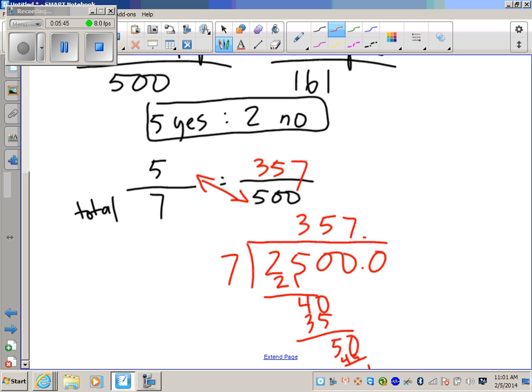So yes, based on the samples, you could make a prediction from the conclusion that you would have more than 300 people use that particular service. Because if 5 for every 7 said yes, then that works out to be about 357 out of 500. That's how that works out.